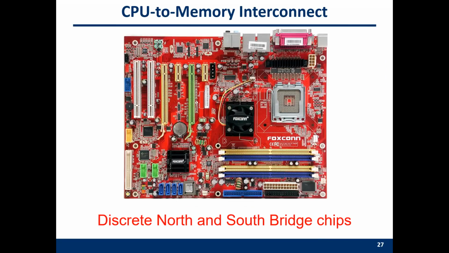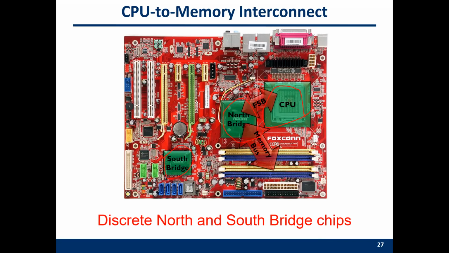So this is the motherboard. You can see this is the CPU, and this is the memory controller, the north bridge. They are very close. This is the south bridge.